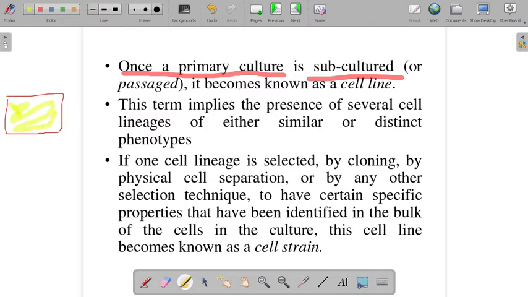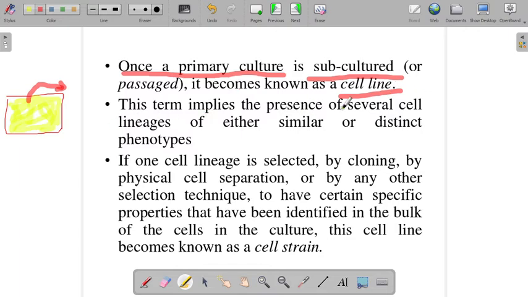The confluency is there. Now a confluent culture means there is no more space allowed for the cells to grow or to regrow. So at that time what we need to do is take that culture and subculture it. Okay, so once we subculture it, or in other words it is the passage, it becomes known as a cell line. So that is the cell line.